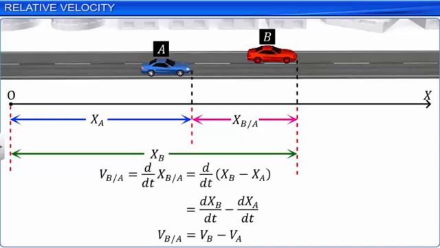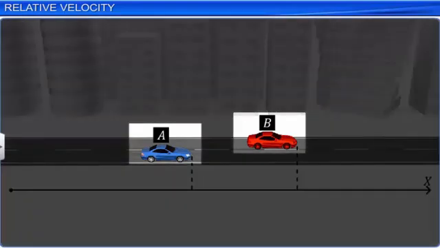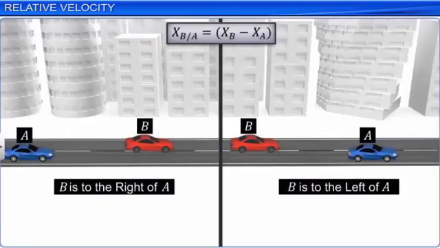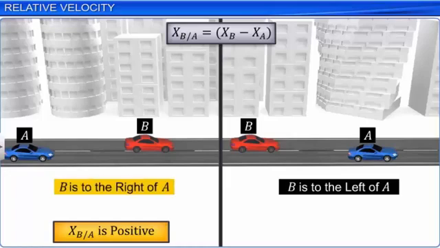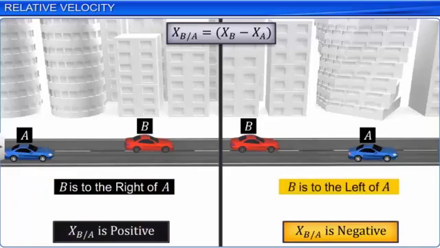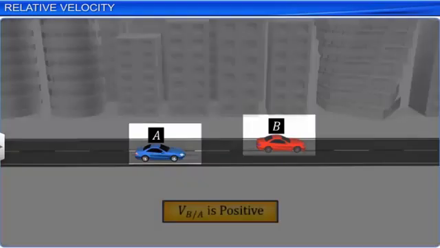Coming to the sign convention, regardless of the position of the origin O with respect to the positions of A and B, a positive sign for x_B/A means that B is to the right of A, and a negative sign means that B is to the left of A. A positive sign of v_B/A means that when B is observed from A, the motion of B is in the positive direction, that is, rightward direction.